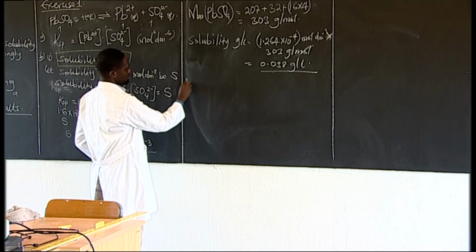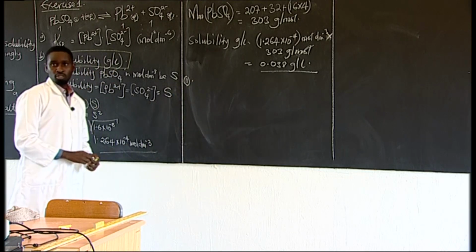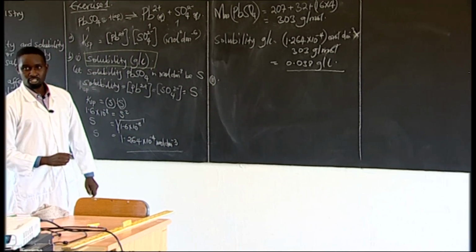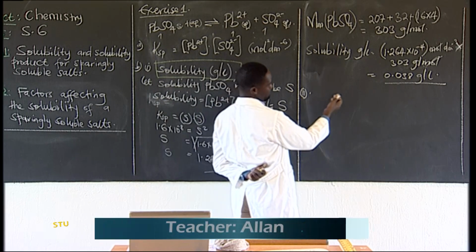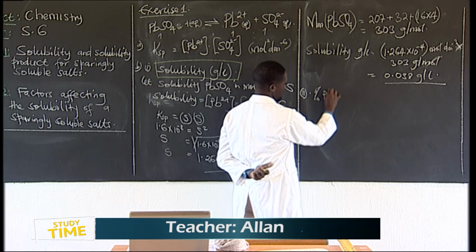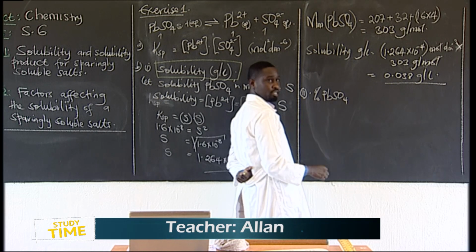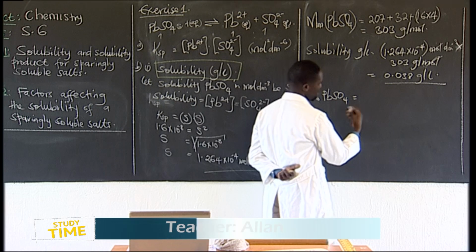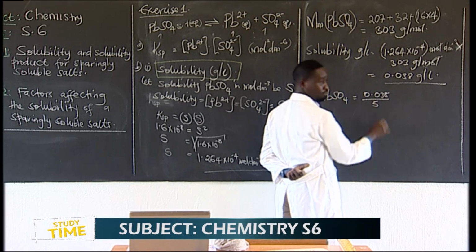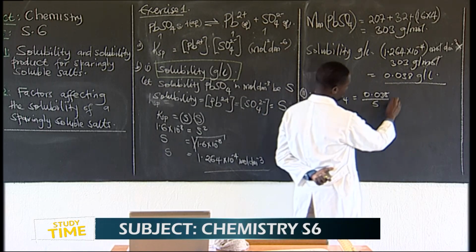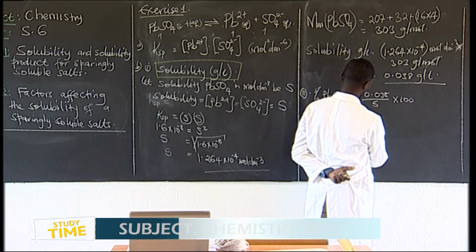Next, determine the percentage of lead 2 sulfate that dissolved. The percentage, which we need, is the dissolved mass over the original mass, which has been given to us, times 100.